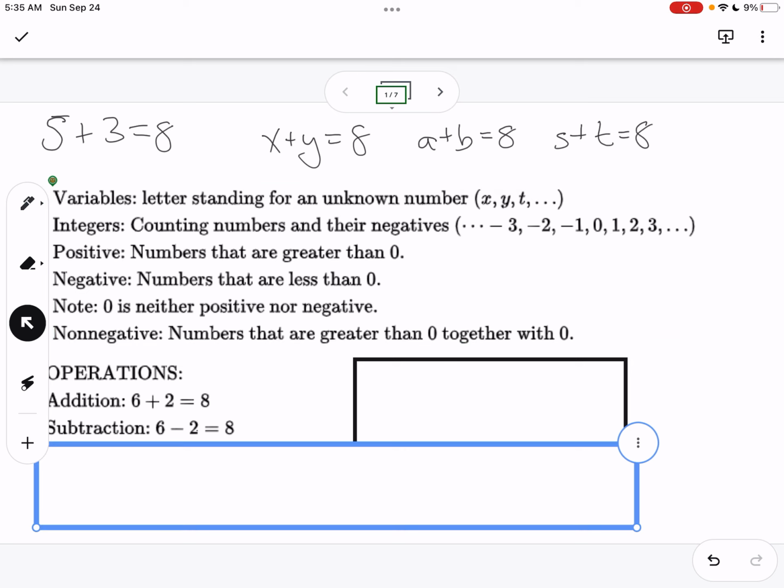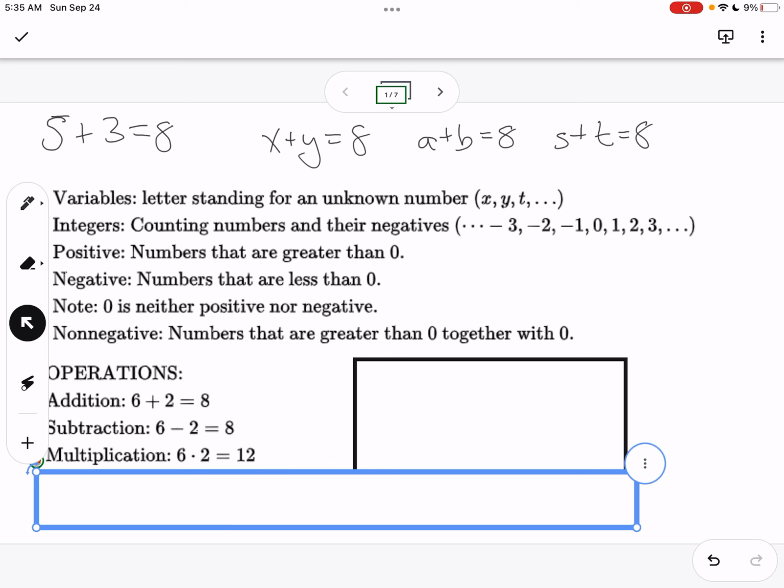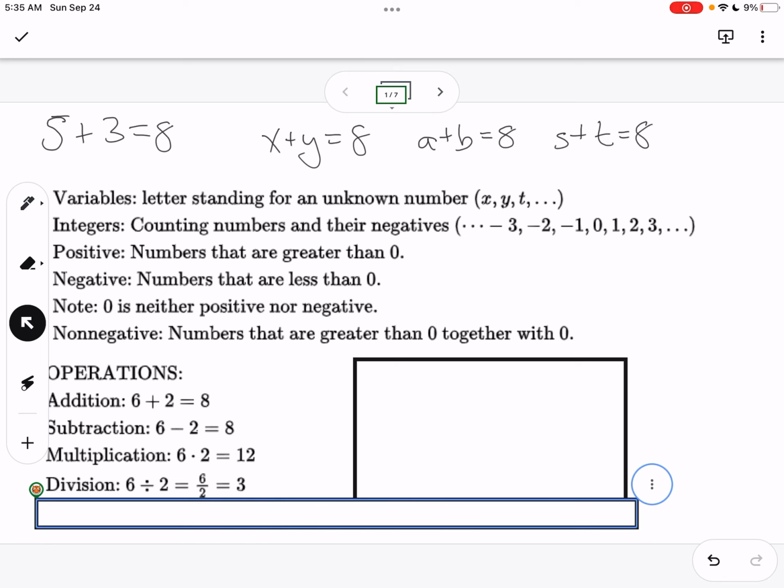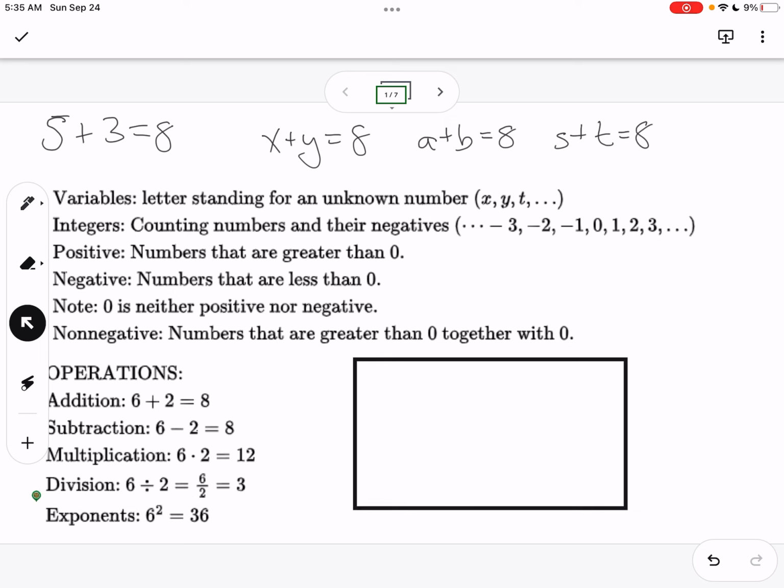We can multiply: 6 times 2 equals 12. We can divide: 6 divided by 2, or we can write it as a fraction, 6 over 2 equals 3. Or we can use exponents: 6 squared equals 36. So these are the basic operations.